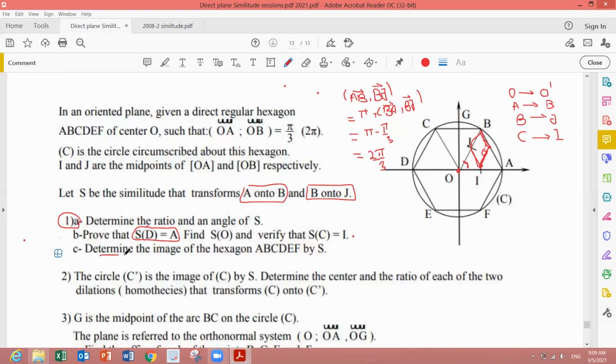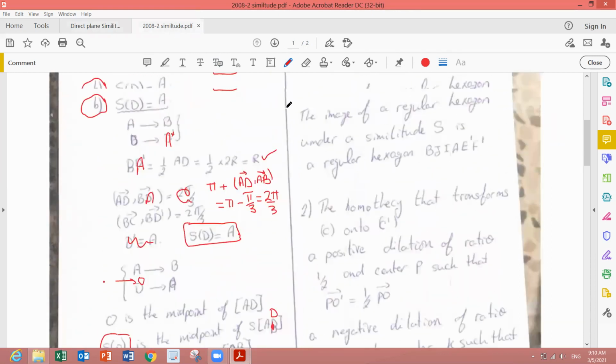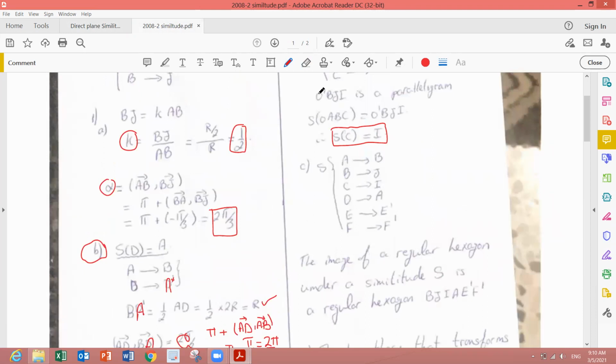Determine the image of the hexagon ABCDEF by S. What is the image of the hexagon? ABCDEF is a hexagon.